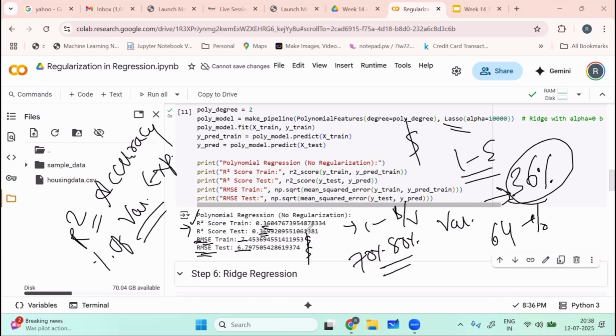Now interpret, please, anybody. Whenever this model is implemented and you are predicting house prices, let's say I predicted for observation X a house price of $10,000. Root mean squared error is 7.45, for example, which means it will be either plus or minus $7.45.